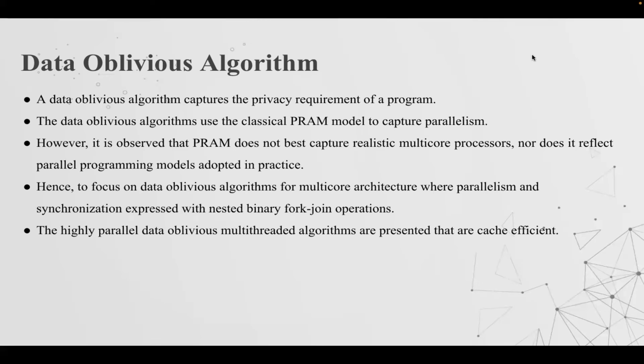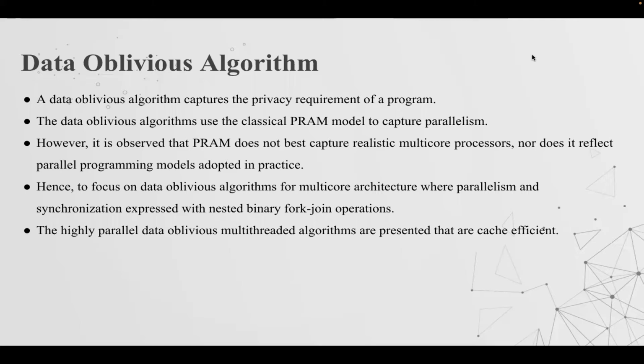Next, we have the data-oblivious algorithm. A data-oblivious algorithm is an algorithm whose memory access pattern does not depend on its input data, and thus it captures the privacy and security requirements of a program. The data-oblivious algorithm uses the classical PRAM model to capture parallelism. PRAM is used for parallel algorithms where multiple processors are connected to a single block of memory.